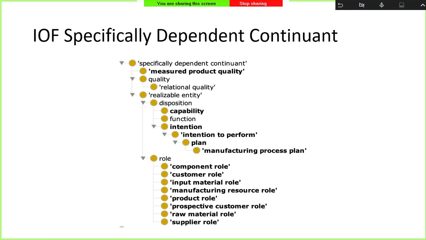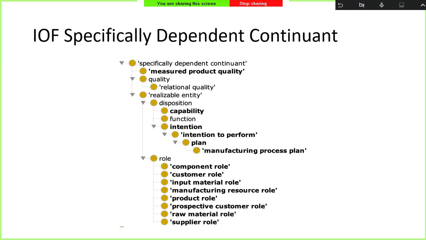Then we have specifically dependent continuants, which include things like qualities, intentions, capabilities, functions, and then most importantly for our purposes, roles, because most of the planned processes that we deal with involve agents, for instance, and materials, and so forth, which are entities which play certain roles.